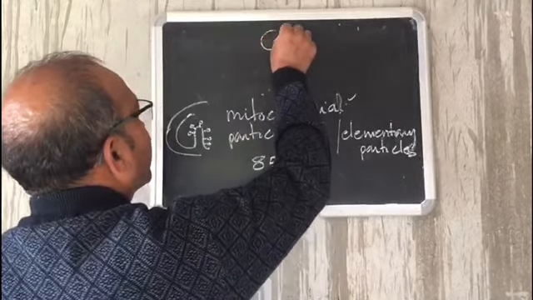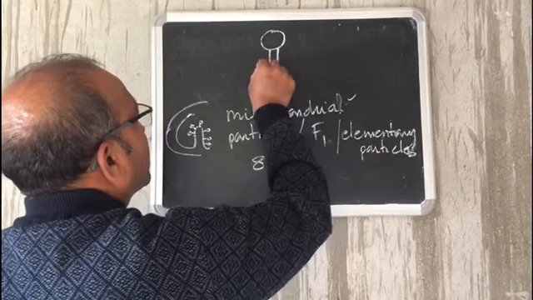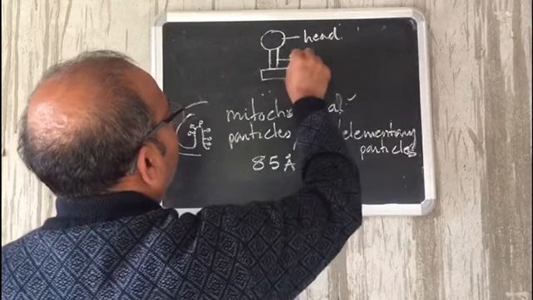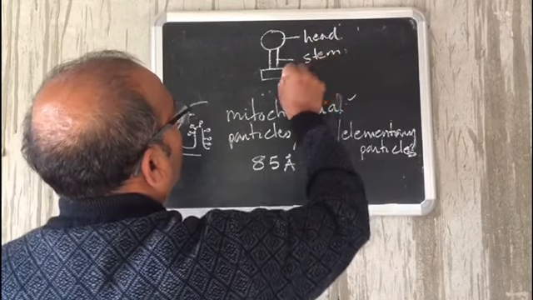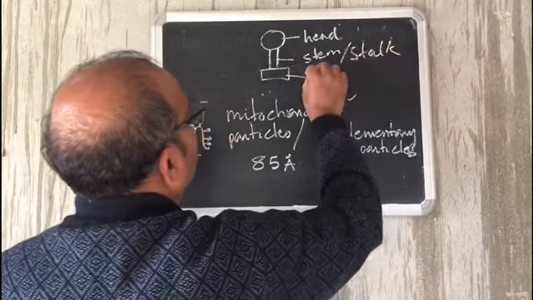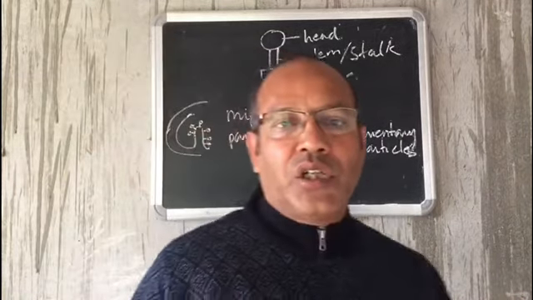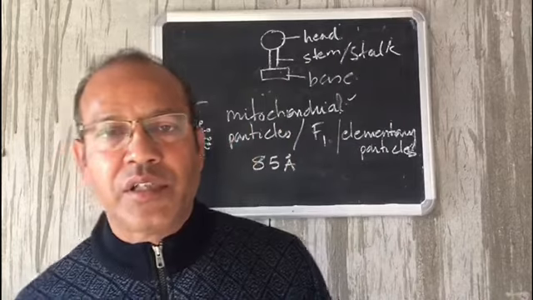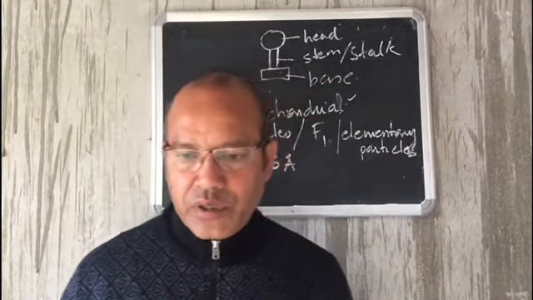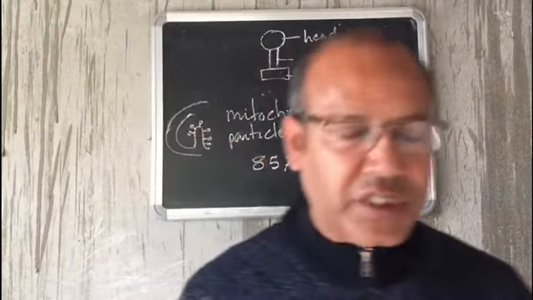It has a spherical head, a cylindrical stem or stalk, and a base. The base remains embedded in the inner membrane, and the stem and the head project into the mitochondrial matrix.